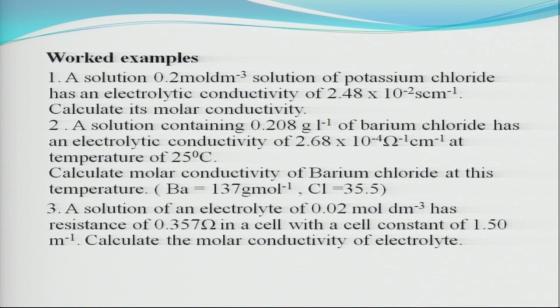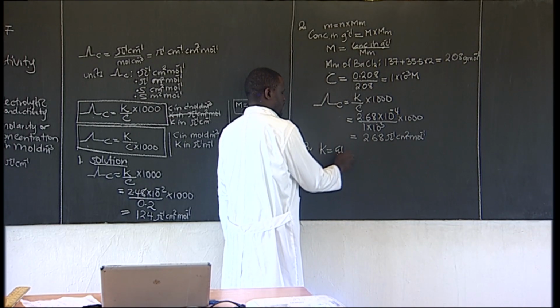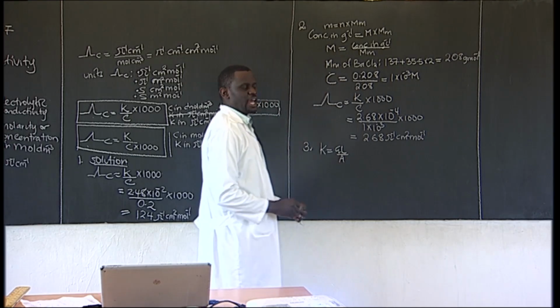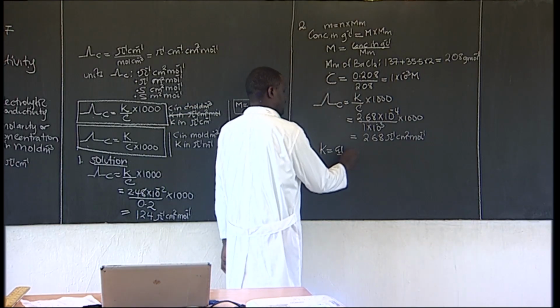So this time what we don't have is K. But remember we said that this K is the conductance of a solution placed between electrodes 1 centimeter apart or 1 meter apart and of cross-sectional area.